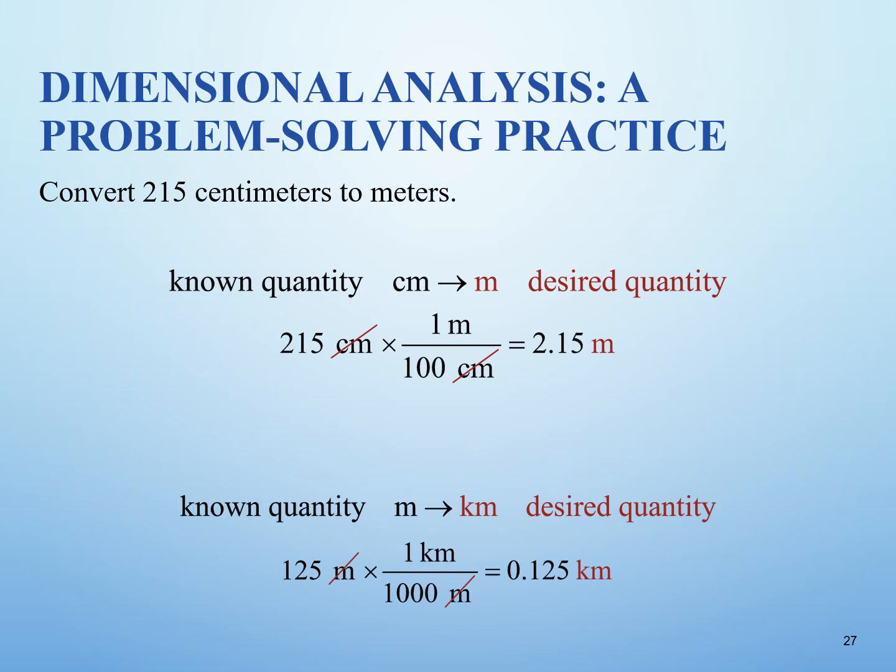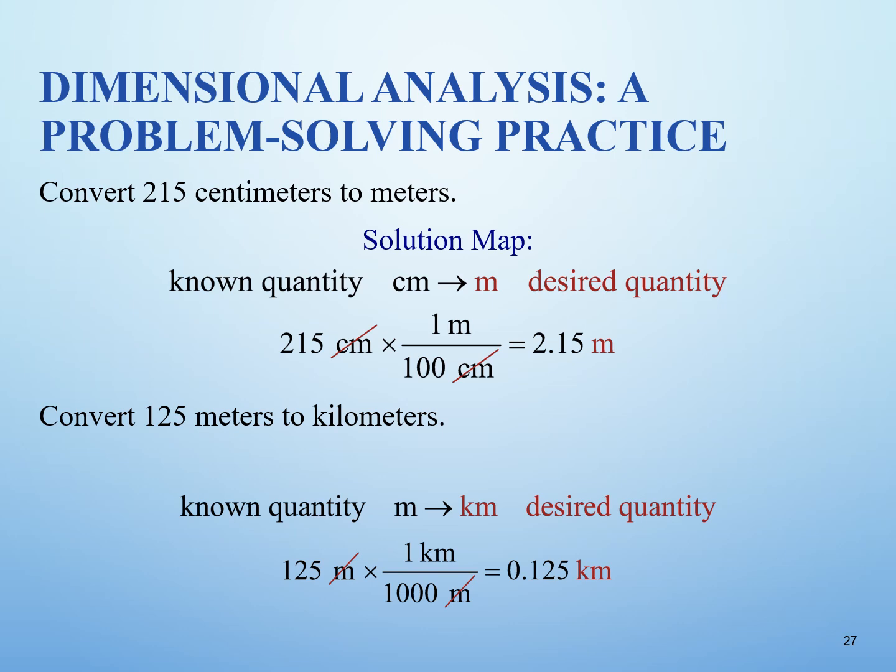So here's another couple examples. Okay, so 215 centimeters to meters and 125 meters to kilometers. So let's do this one first. They wrote down 1 meter is 100 centimeters. So if you knew that, you can write it like that. Or if you memorize it straight from the table, there's actually another way we can write it.